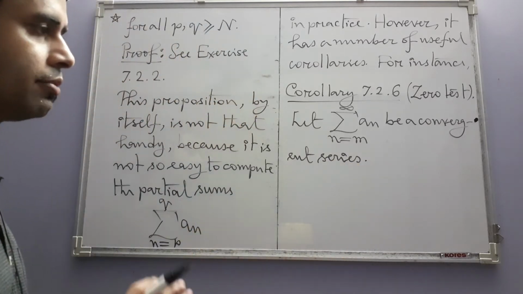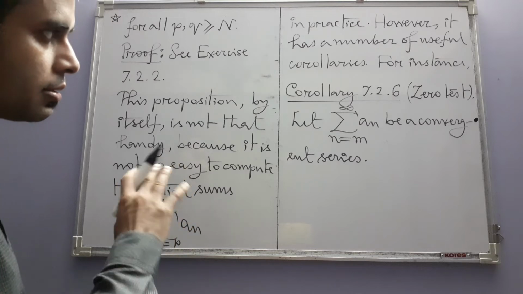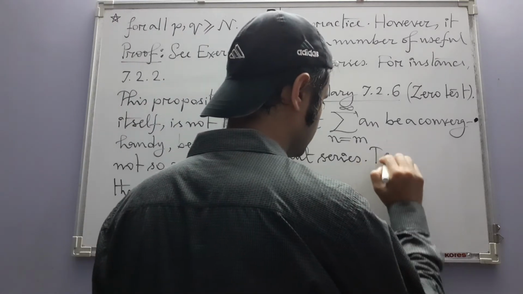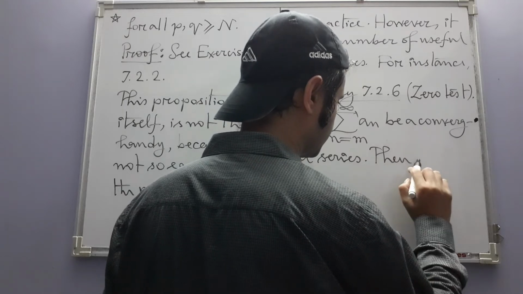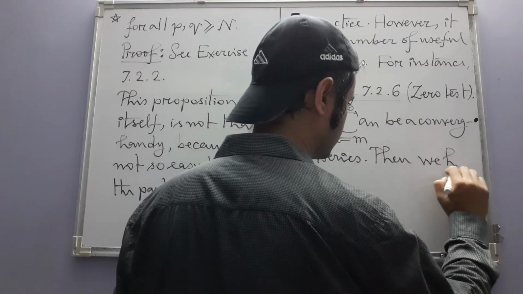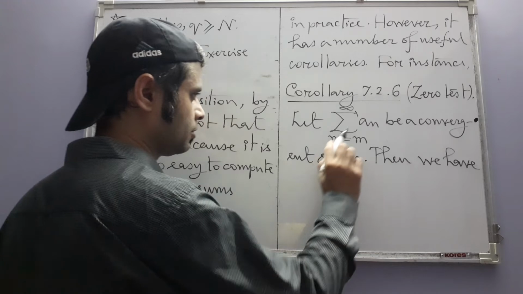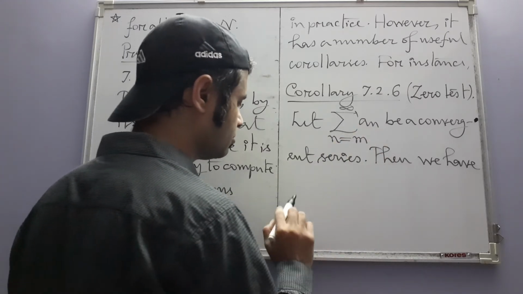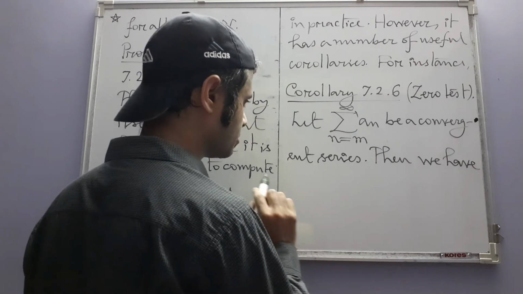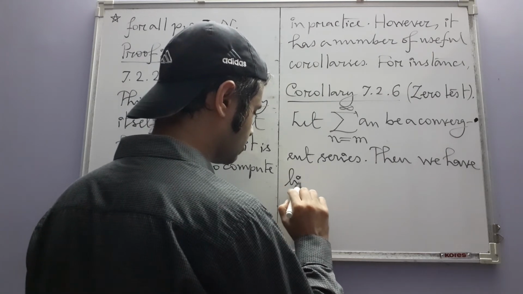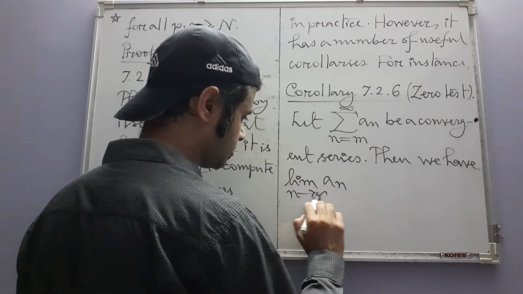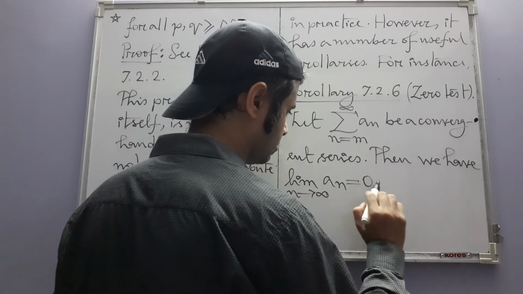There is a formal infinite series which is convergent in the sense of our definition of convergence. Then the sequence an itself must converge to 0, and that's why it's called the zero test. This limit should exist and should be equal to 0.